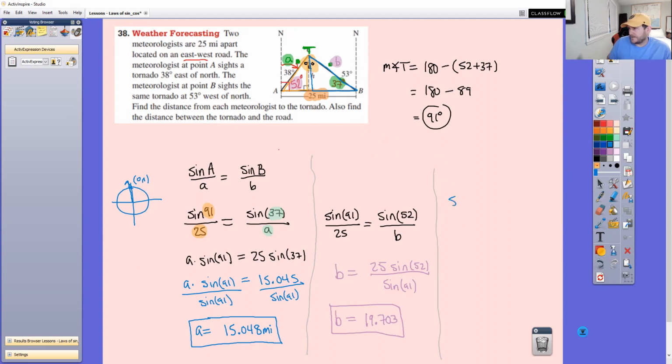So we know that the sine of 37 has to equal the opposite side divided by the hypotenuse. So within the blue right triangle, the opposite side is h, the height, and the hypotenuse is side b, which we just calculated to be 19.703.